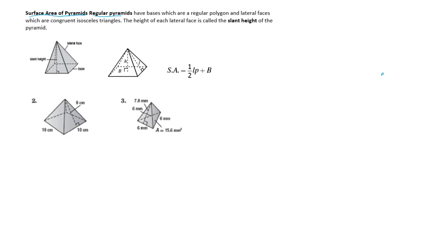The surface area of a pyramid is the area of your base, plus the area of all of those triangles that meet up to the base. This is the perimeter of the base.